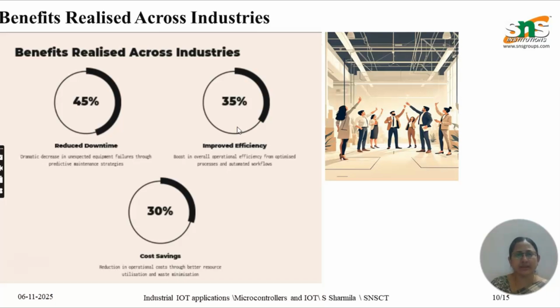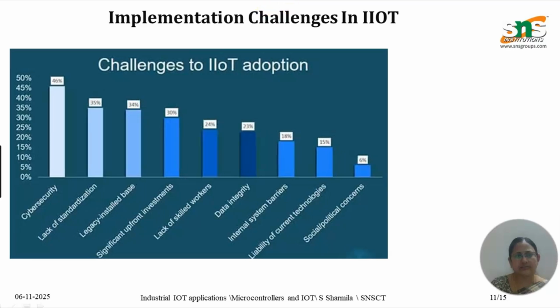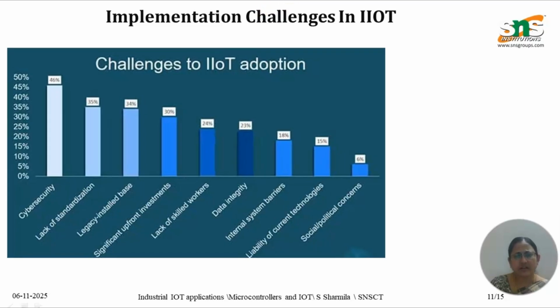Next is the implementation and challenges of IIoT. However, the common issues include cybersecurity risk due to increased connectivity, integration difficulties with legacy systems, high initial investment cost, the need for skilled professionals and ensuring reliable network infrastructure.